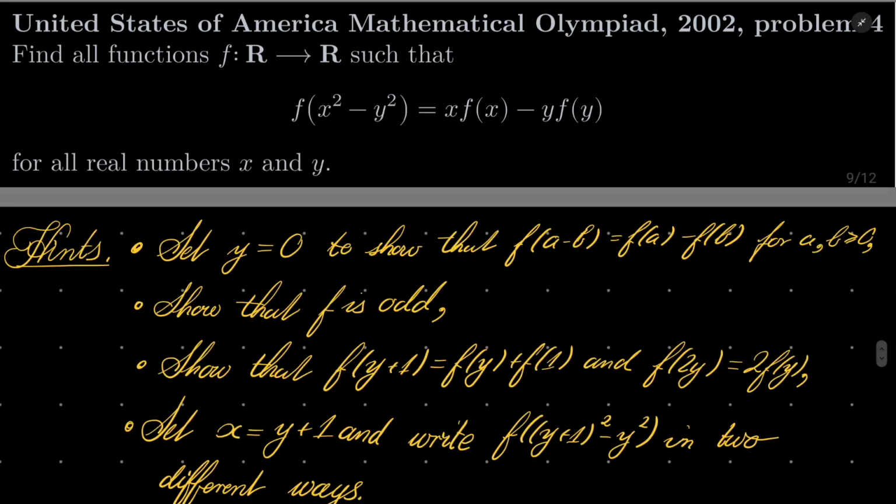Here are my hints. First, set y to be 0 to show that f of a minus b equals f of a minus f of b for non-negative numbers a and b. Then prove that f must be odd.